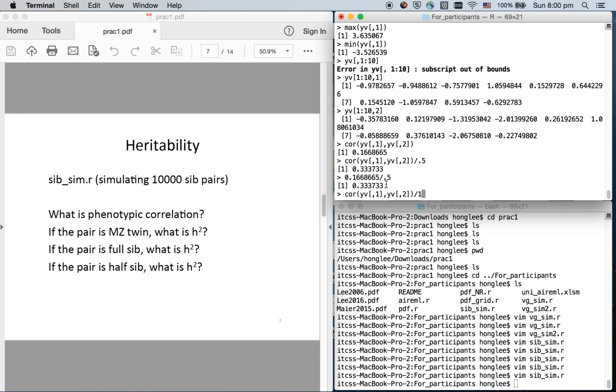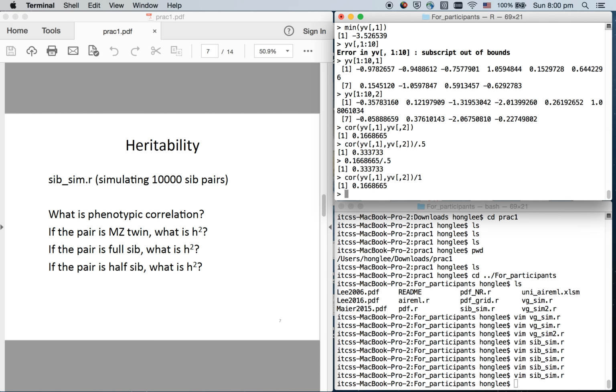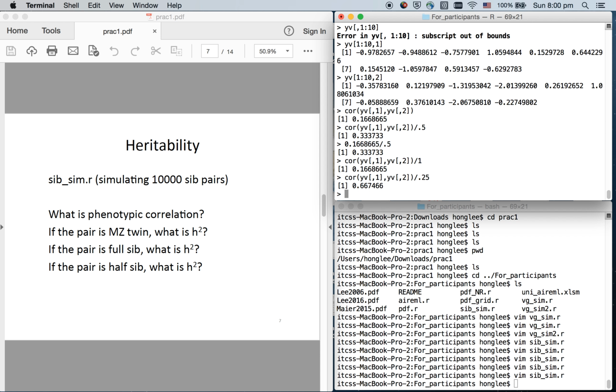Would the estimated heritability increase or decrease? Let's have a look. So now heritability is decreased, right? Then what if this is half sib? When half sib, the sample correlation is decreased to 0.25, then heritability goes up to 0.66.